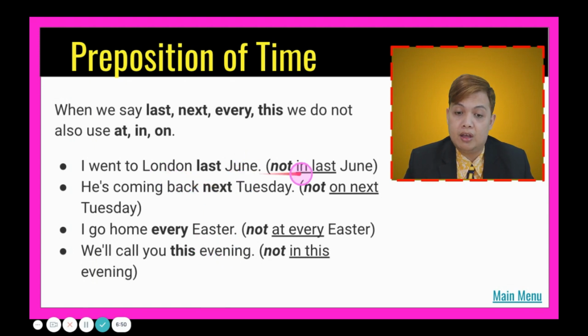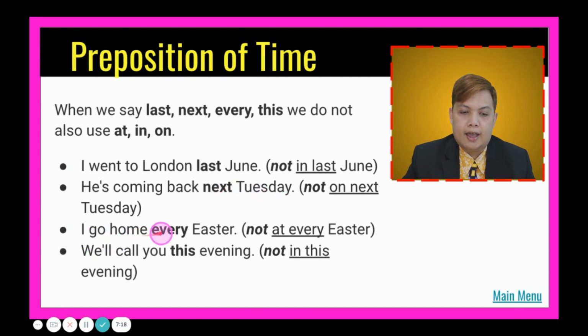Although this is a month, we don't use in anymore. Take note of that. Next, he's coming back next Tuesday. Although this is a day, we don't use on anymore. You don't say he's coming back on next Tuesday. No, we omit on. We just use next followed by the day.